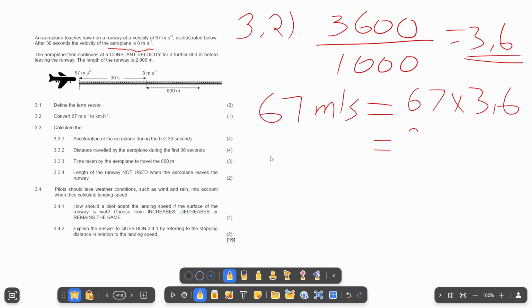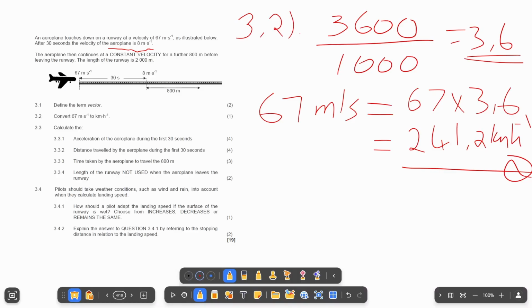Yes, 241.2 kilometers per hour. There you go.